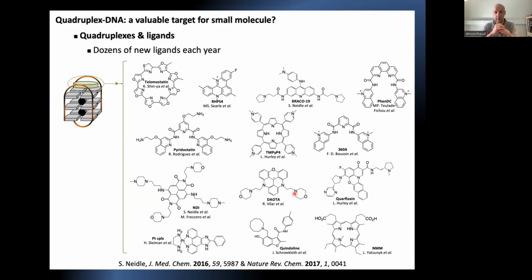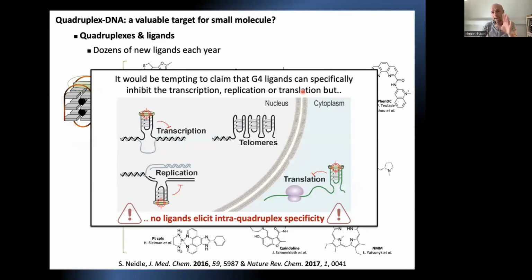These are very efficient quadruplex ligands in vitro, but you clearly see that they share something in common: they are flat aromatic molecules that interact with G4 by stacking atop the G-quadruplexes. So while these molecules are very interesting tools, they fail to be considered as therapeutic agents because they interact with the G-quartet, and the G-quartet of every quadruplex is exactly the same.